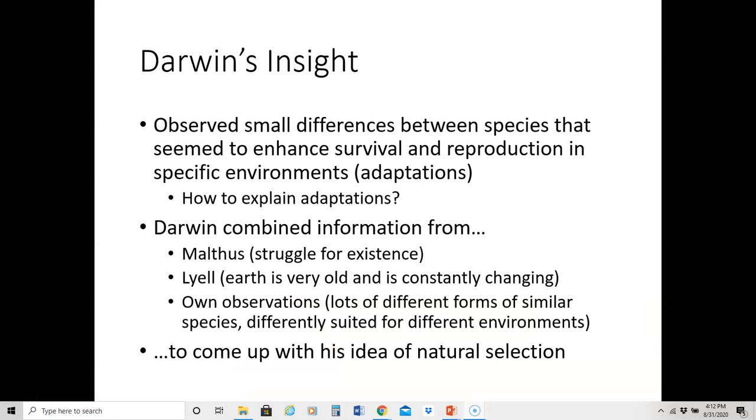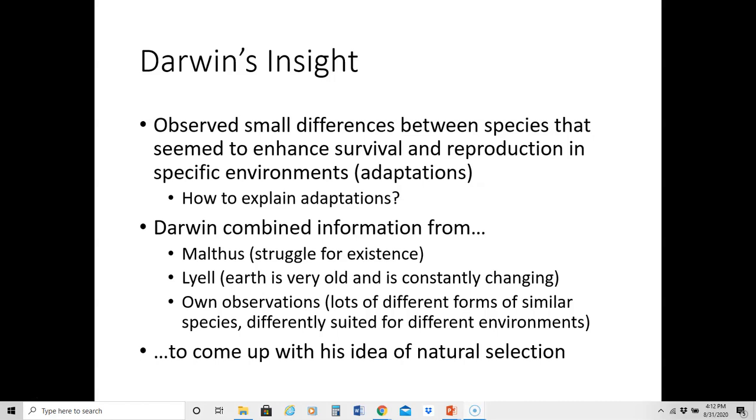So Darwin was able to come up with his idea of evolution by natural selection by using a lot of different information. First of all, he observed small differences between species that seemed to make it easier for them to survive and reproduce in whichever environment they were. These are called adaptations.